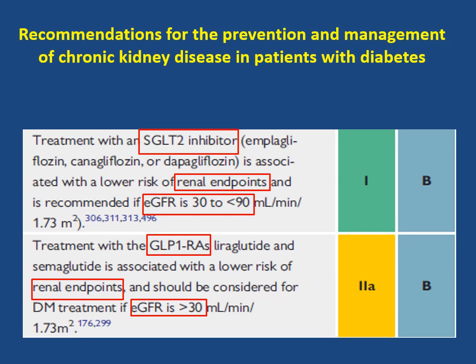And this is a class 1 recommendation. While treatment with a glucagon-like peptide 1 receptor agonist, either liraglutide or semaglutide, is associated with a lower risk of renal endpoints and should be considered for diabetic patients if the estimated GFR is above 30. And this is a class 2A recommendation.